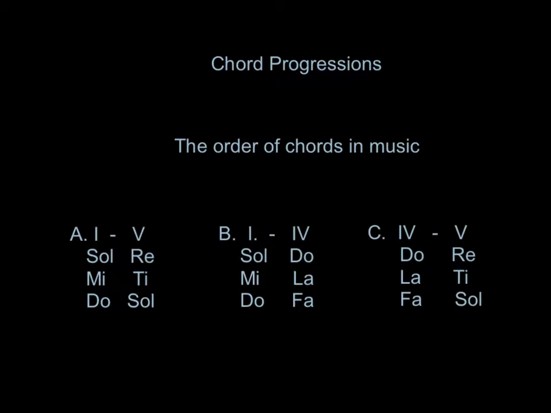One of the easier ways to spot that one is it's the one that sounds the least complete. So at the end of it, it just doesn't feel like it's over, and that's because it didn't arrive back at a 1 chord. And until we get back to a 1 chord, generally chord progressions don't feel over.